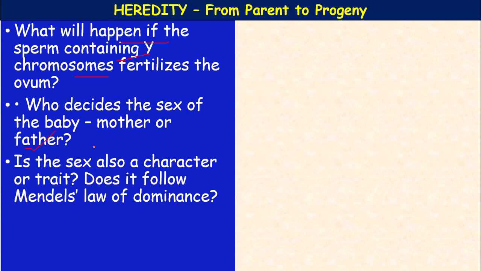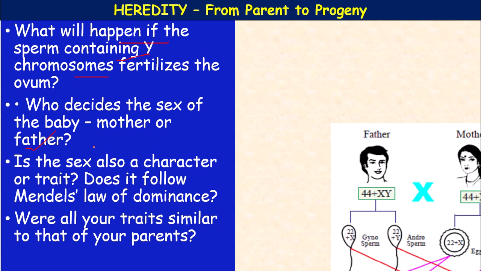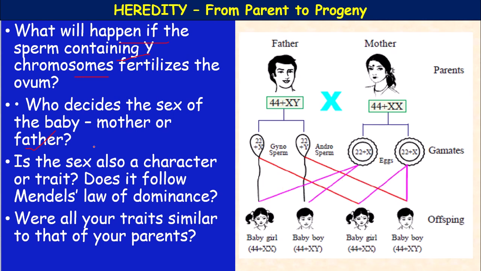Yes. Does it follow Mendel's law of dominance? Yes. All your traits are similar to those of your parents, that is the 44 autosomes, which represent the characteristic features. Only the sex is determined by the gynosperm and androsperm of the father.